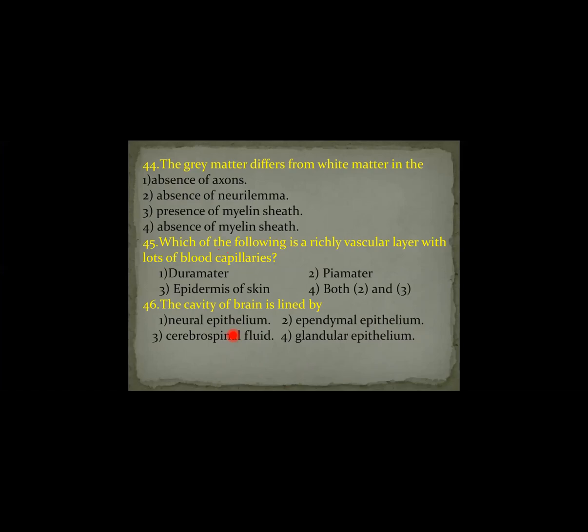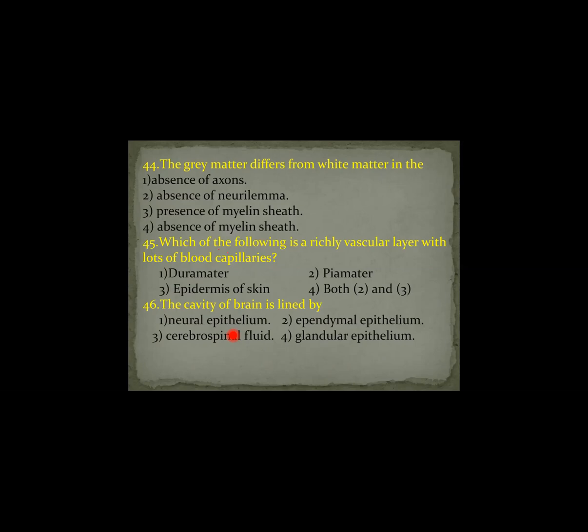Question number 44. The gray matter differs from the white matter in that the gray matter. The cerebrum is divided into two parts: outer cortex, inner medulla. The cortex is also called gray matter because it is gray in color due to the presence of cell bodies of the neurons. And the medulla is also called white matter.